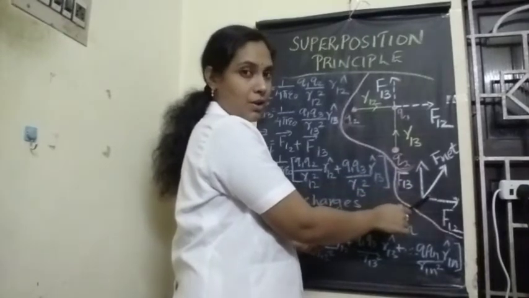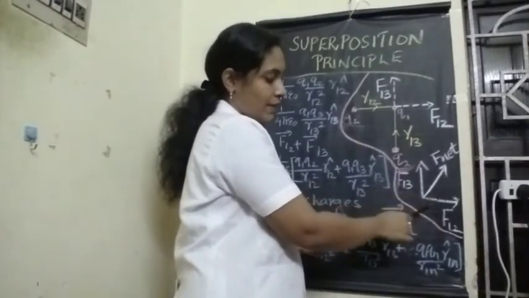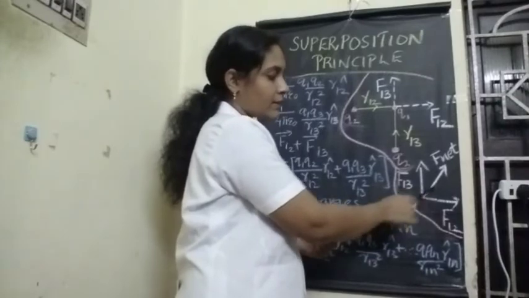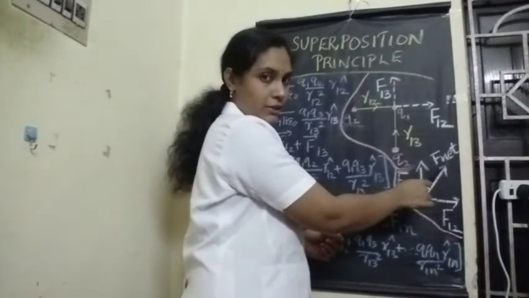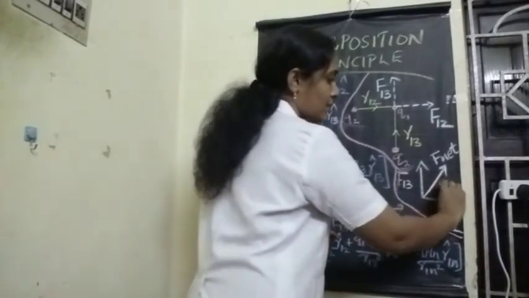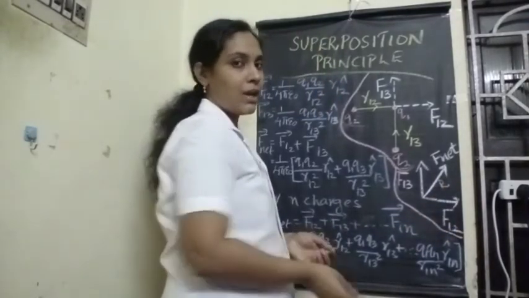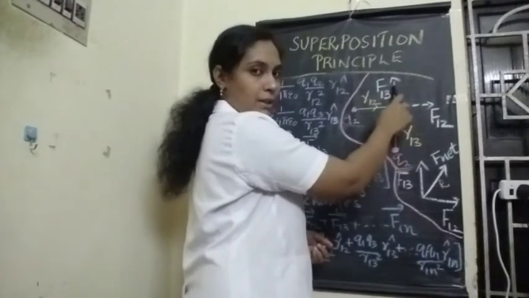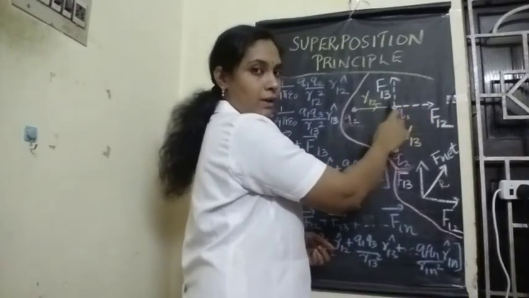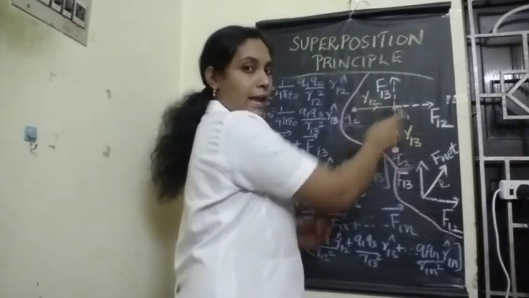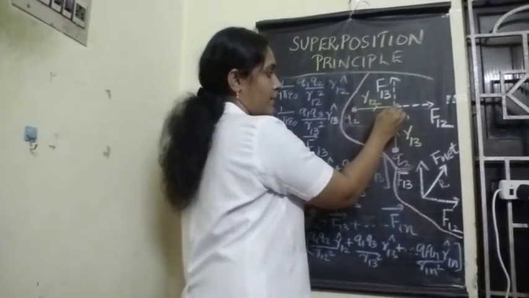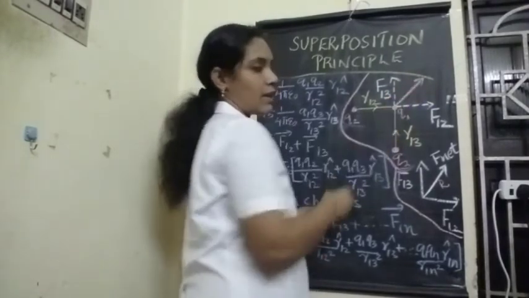See, you remember this concept. If this is one vector and this is another vector, then the resultant will be along this direction, and this can be considered the resultant vector. Similarly, here two vectors are present. One acts along this direction, one acts along this direction. So their resultant can be considered along this direction.